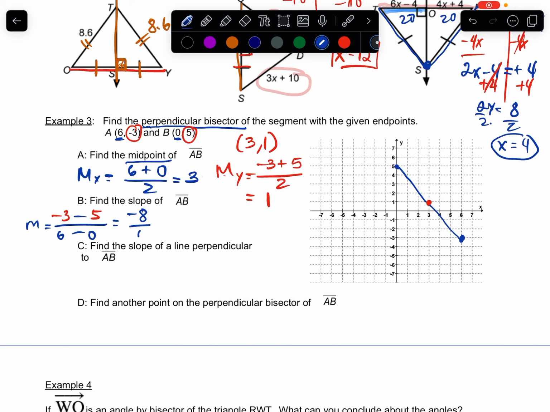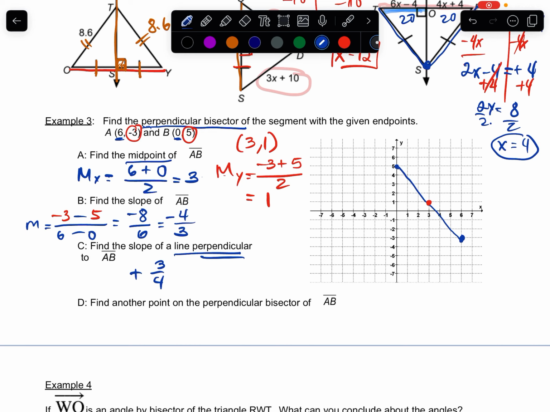So this is going to be equal to negative 8 over 6, and you can simplify this into negative 4/3. So now I need the line perpendicular to AB, which means I need to flip and change the sign, negative reciprocal. So my new slope is going to be 3 over 4, and this time it's positive.